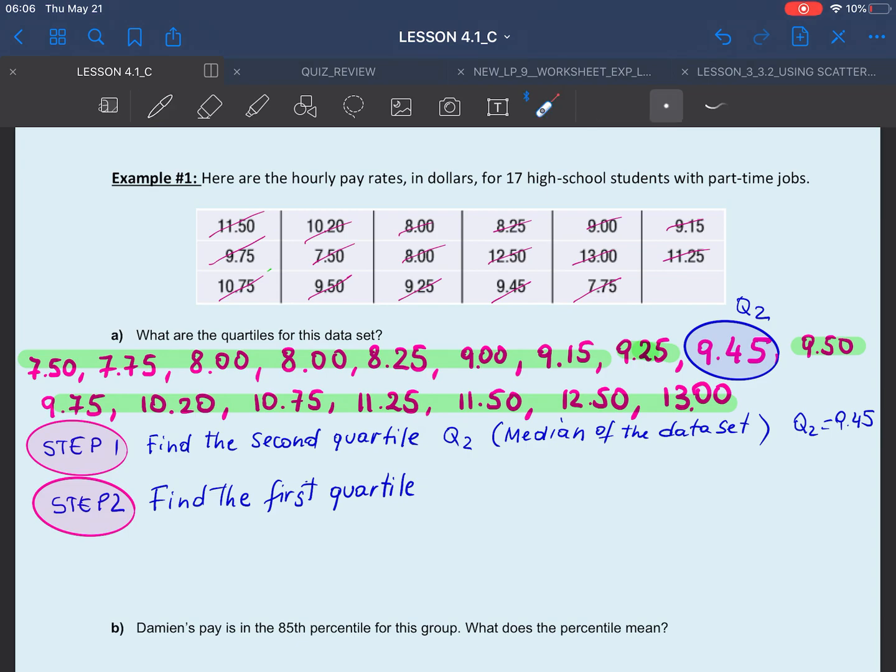Now, it doesn't really matter if you find the first or the third at this point in time. What's important though is we always start with Q2. Now, the first quartile, we're going to call it Q1, and that will be the median of the first half in our data set. So Q1.